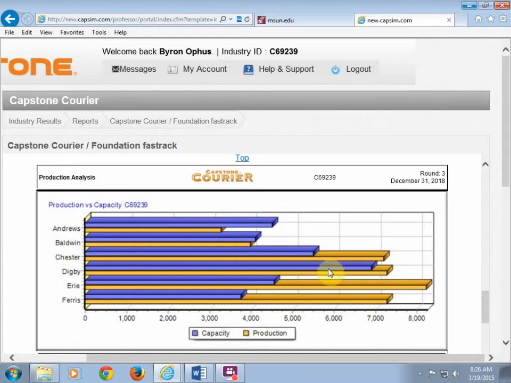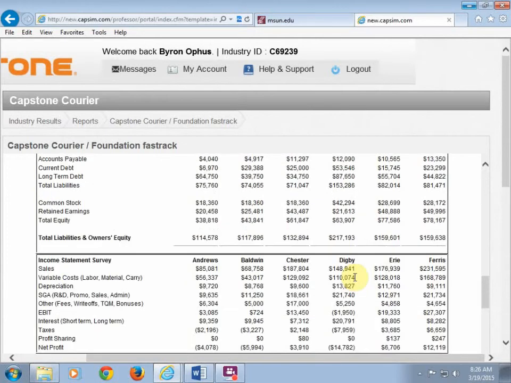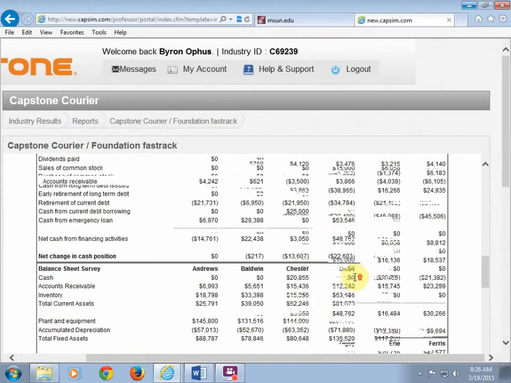I would assume, because they have far more capacity than any other team, that they've been investing money in capacity. And so they've become a huge company that has all kinds of capacity, and yet they're not generating the sales that they need in order to be really profitable, or profitable at all for that matter.